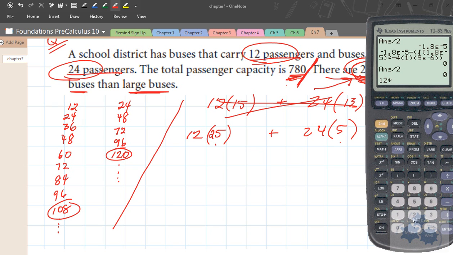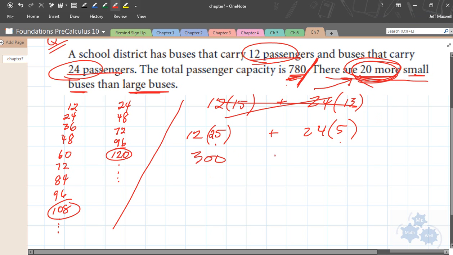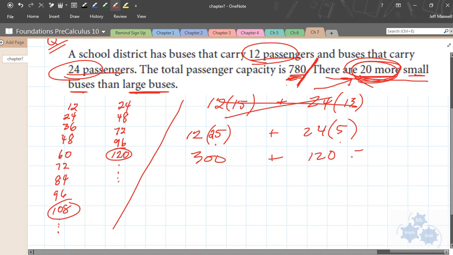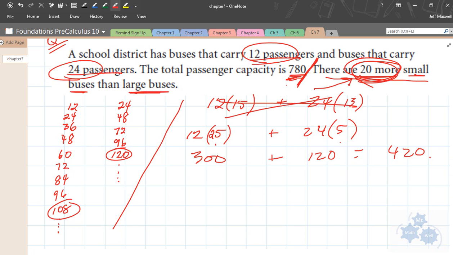Let's see. 12 times 25 is 300. Okay? And what's 24 times 5? Well, on your calculator, 24 times 5 is 120. Okay? So that's 420. Are we close? No. We need 780. So, has anyone come up with a pair of numbers here yet that would fit this?